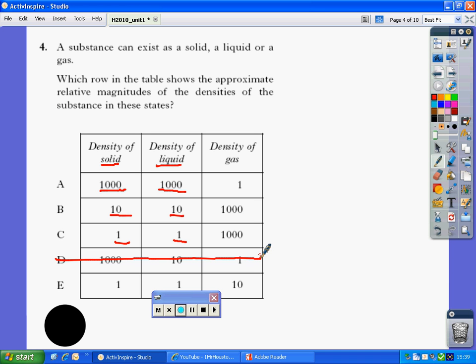When it changes from a liquid to a gas, the volume increases by 1,000. So the density is mass divided by volume. That volume increases by 1,000 times. The mass doesn't change, it stays the same. So the relative density would decrease by 1,000.